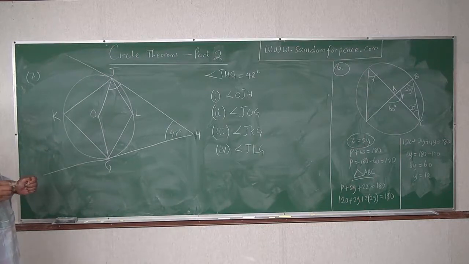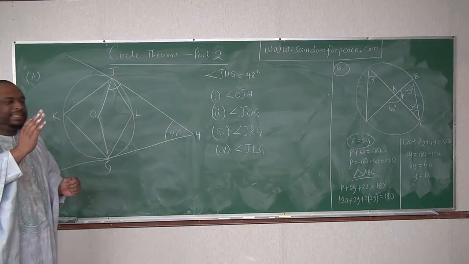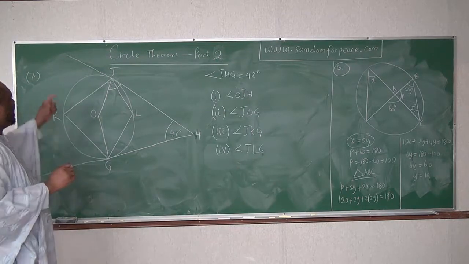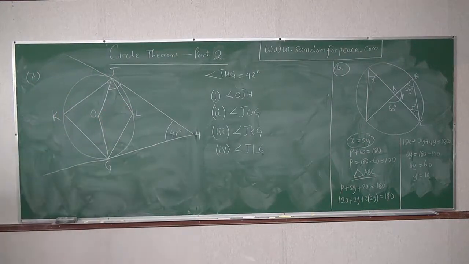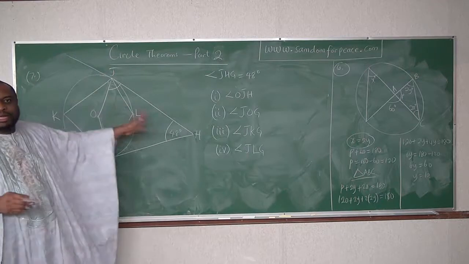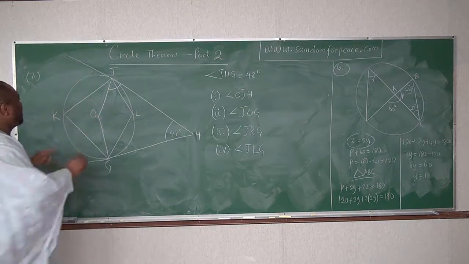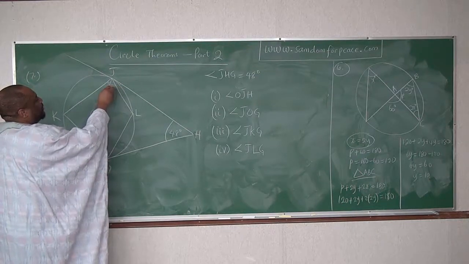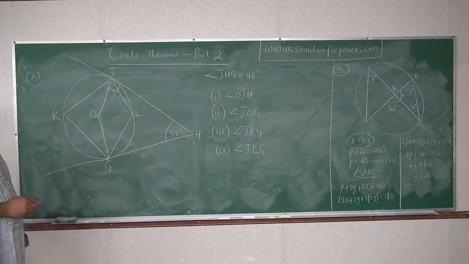We know that the radius is perpendicular to the tangent at the point of contact.